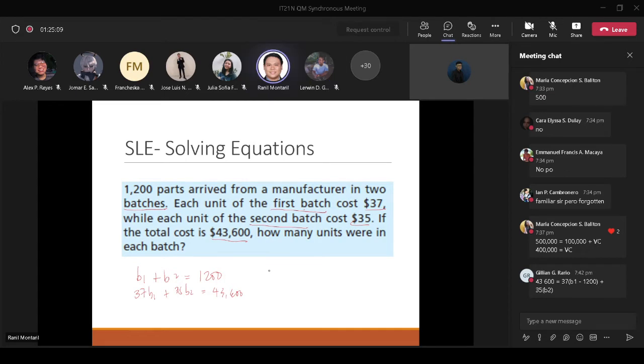B1, sir. Alright, so we can let B1 be equal to 1,200 minus B2. From here, we substitute this value into the second equation, giving 37 multiplied by 1,200 minus B2, plus 35 B2. Can you help me solve this?